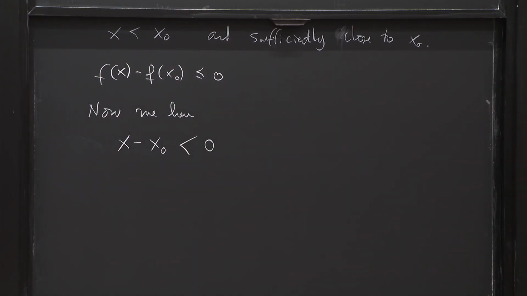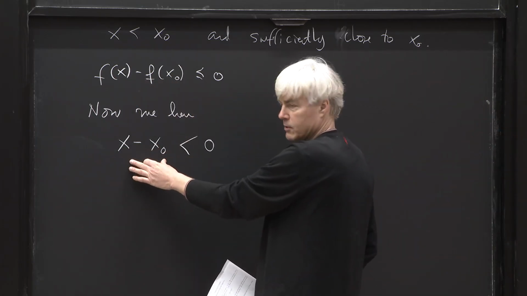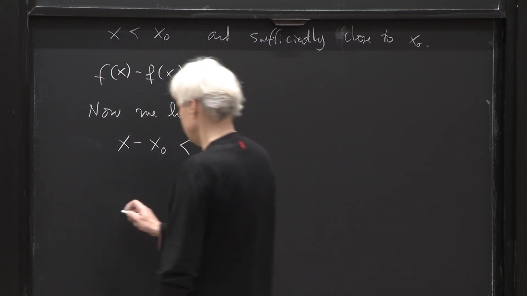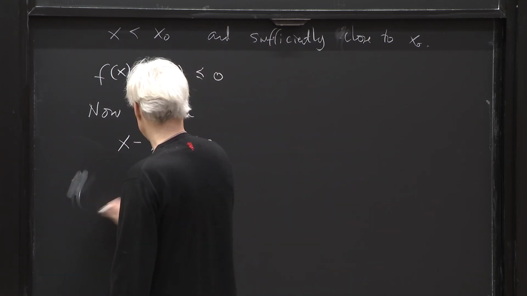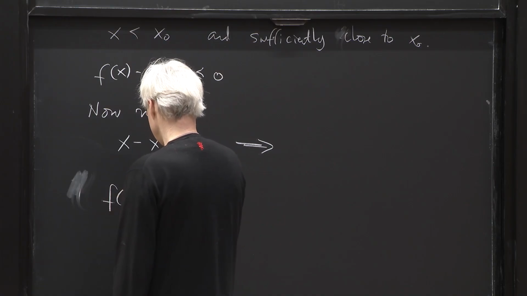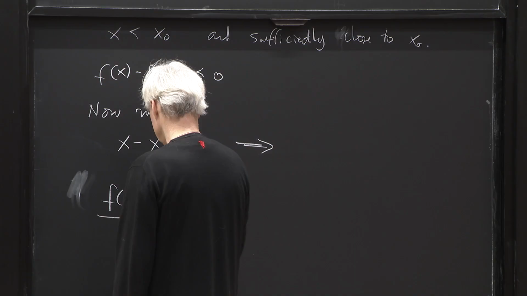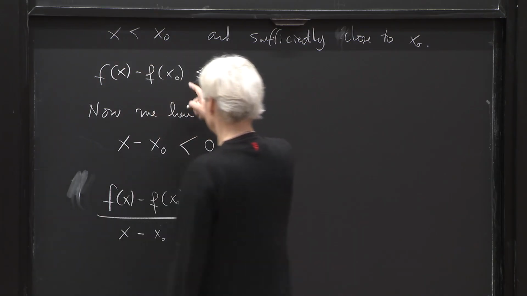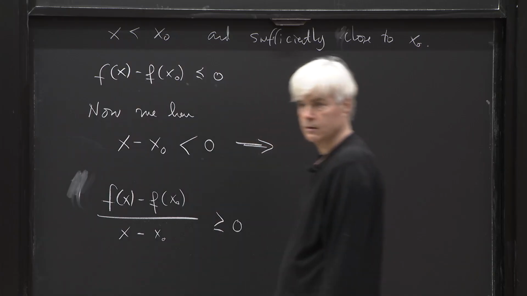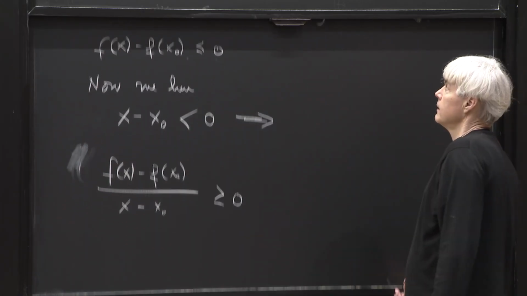So you take something that is non-positive and you divide it by something negative, then you get something non-negative. So therefore, for the difference quotient, f of x minus f of x0, this is non-positive, this is negative, this means that this here is non-negative.